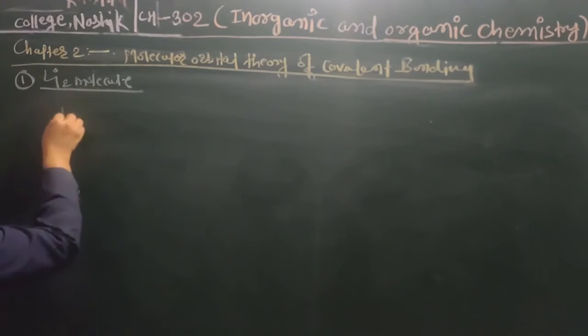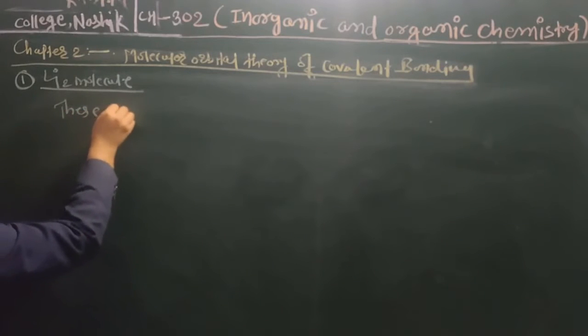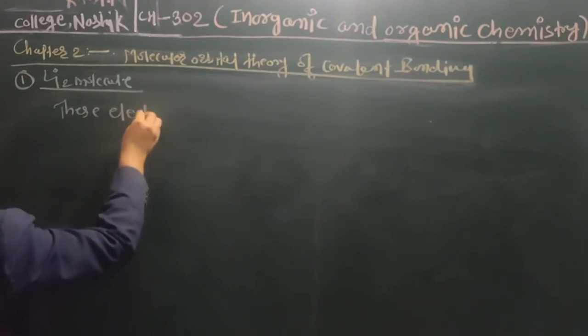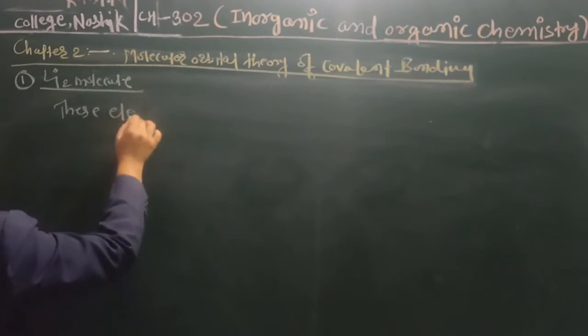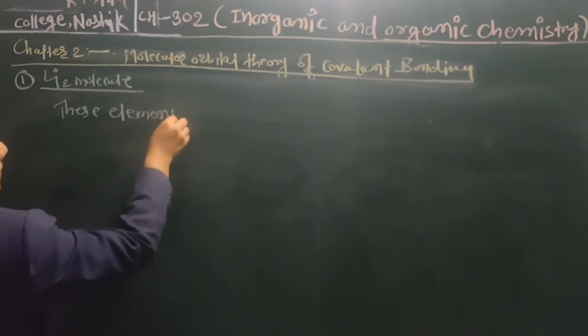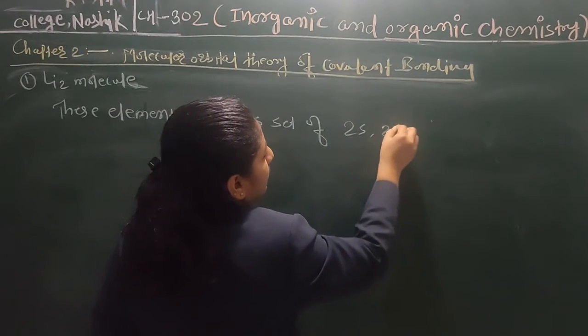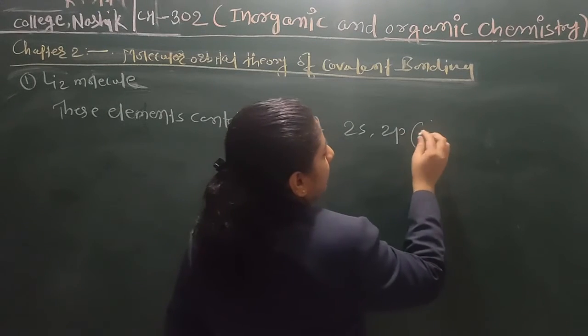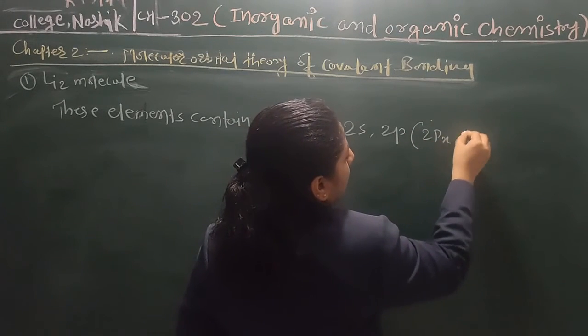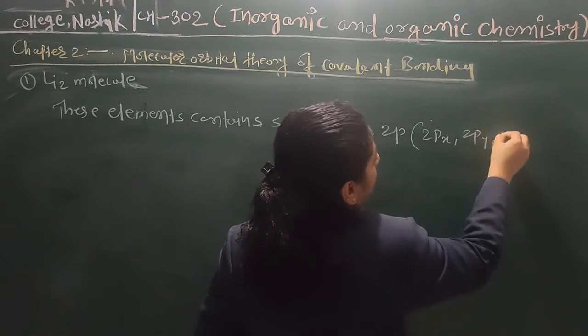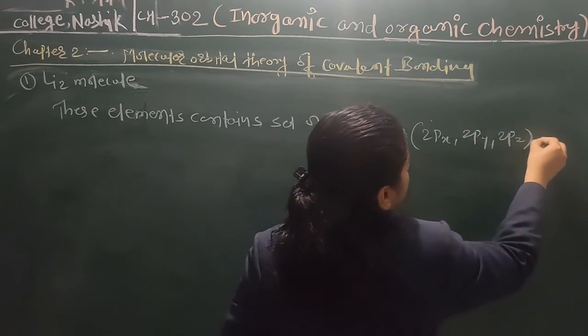So this element contains 2s and 2p; there will be 2px, 2py and 2pz orbitals.